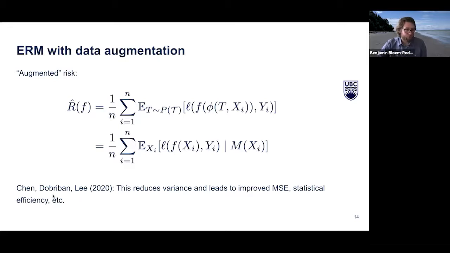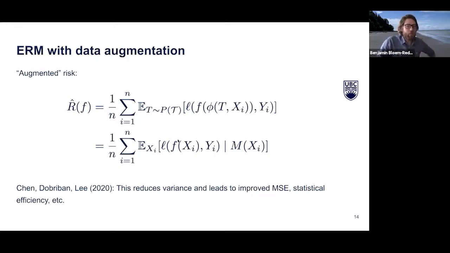There are a couple of papers, one in NeurIPS and then a much longer extension in JMLR by some researchers at University of Pennsylvania, that look at this in quite a bit of detail, and there's some nice theory showing that training with data augmentation, or a data augmented predictor, actually reduces the variance and leads to improved mean square error and statistical efficiency and all sorts of things.